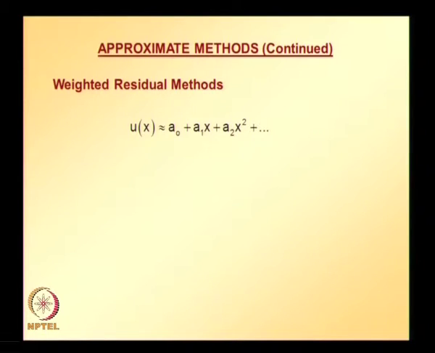So, there will be an associated residual or error, that is the difference between left hand side and right hand side of the governing differential equation, and that residual, in weighted residual methods, we are going to multiply with a weight function and integrate over the problem domain, and that is what is defined as total residual.